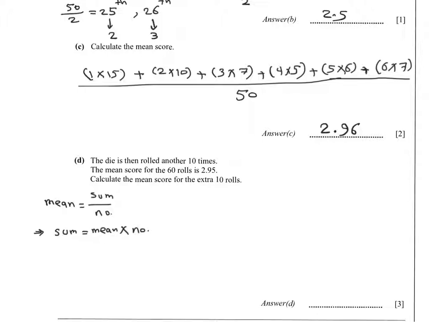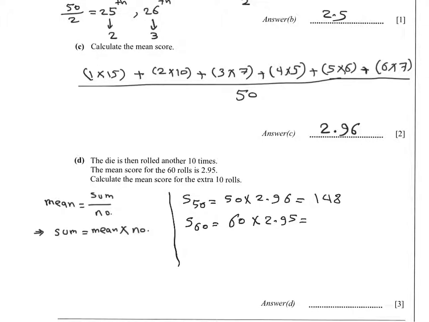So by this rule, we can find S50: 50 times the mean, which is 2.96, you get 148. S60: the mean for 60 values is 2.95, so 60 times 2.95, you get S60 equals 177.